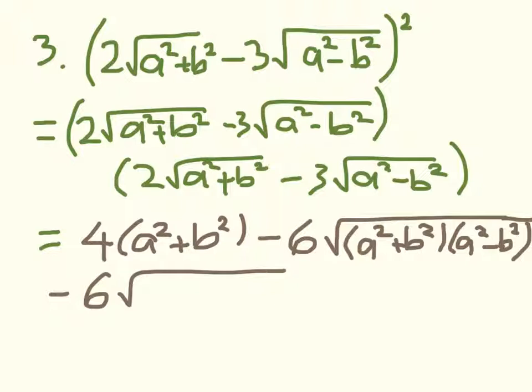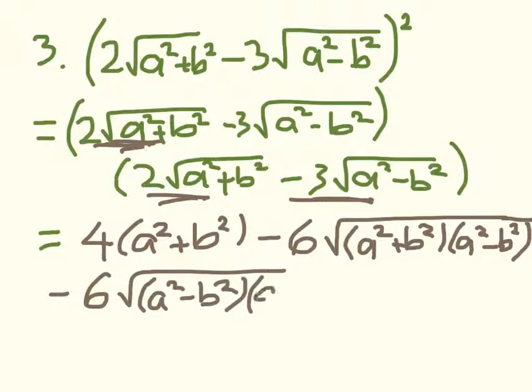Right, so now we've done the first ones, we've done the outsides, now we're doing the inner ones. So we're getting minus 6 times a squared minus b squared, a squared plus b squared.